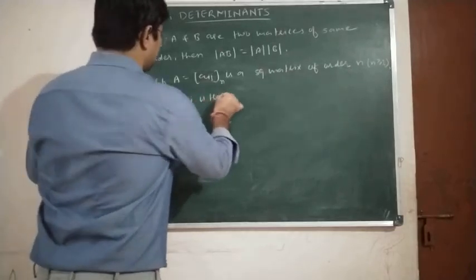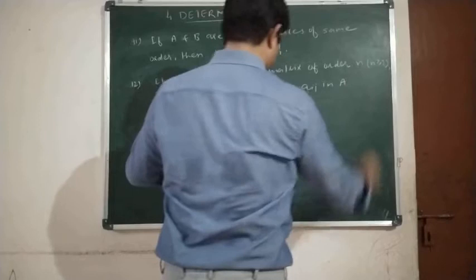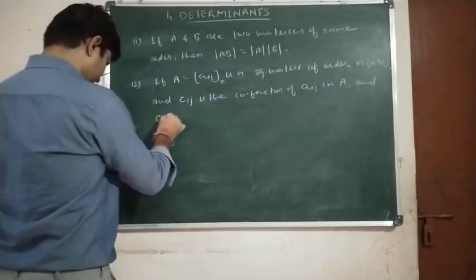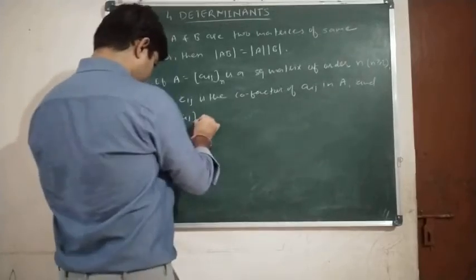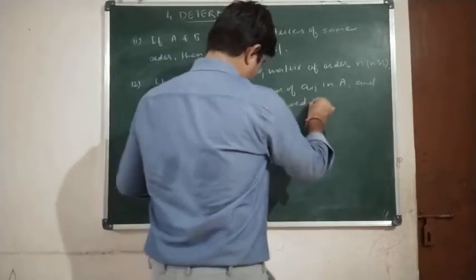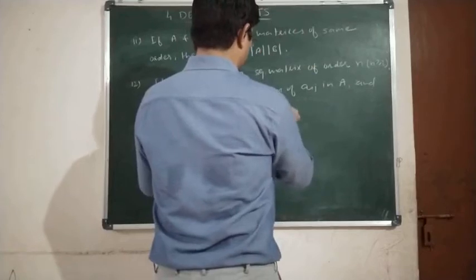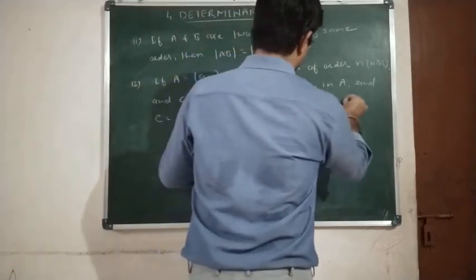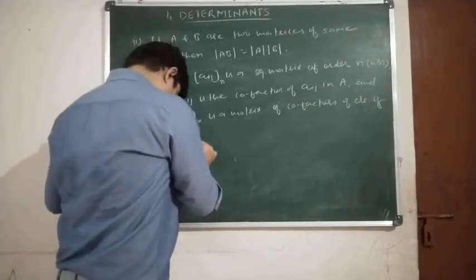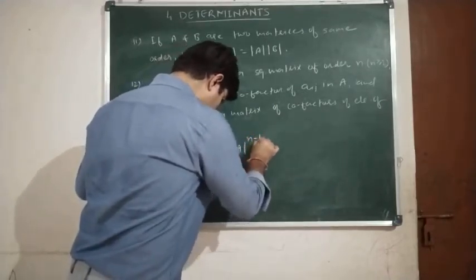And Cij is the cofactor of Aij in matrix A. Capital C equals Cij is a matrix of cofactors of elements of A, then determinant of C is equal to determinant of A raised to n minus 1.